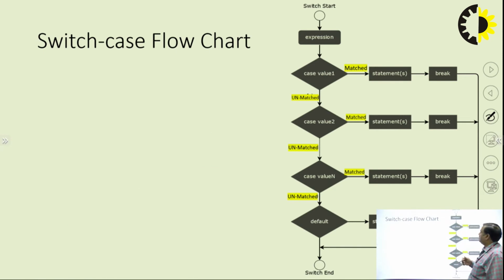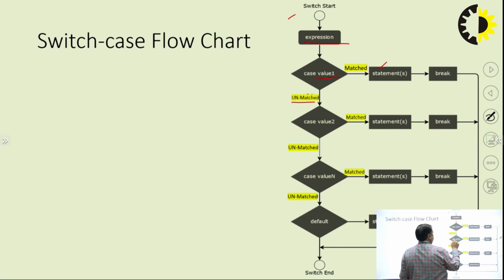So here is the flow chart for this switch. We start the switch, we evaluate this expression. If the value 1 is matched, then these statements are executed. Break means you are coming out. If unmatched, then value 2, if matched, these statements will be executed, otherwise the next value.